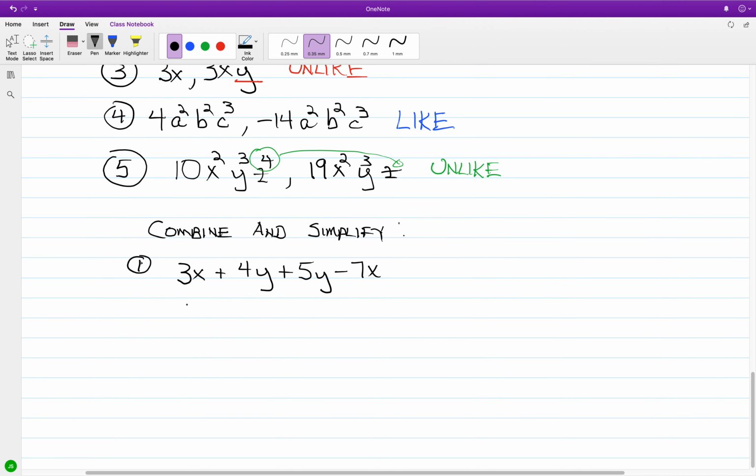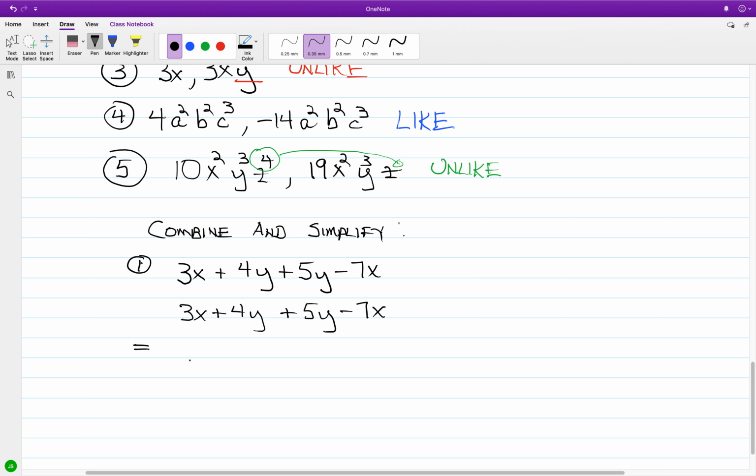Now, if we look at combining these terms together, if you notice, we have pairs of like terms.